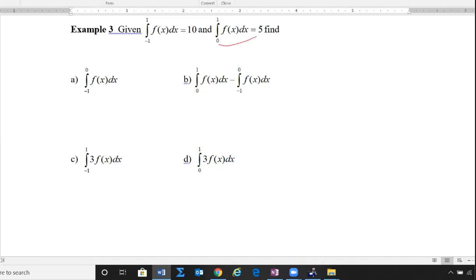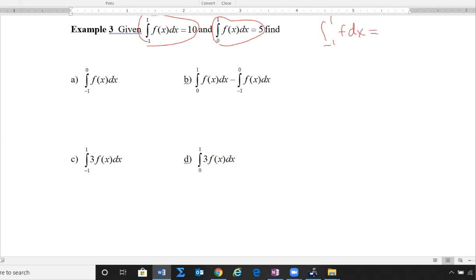Here's one that I can use, and I can use this one. Now this integral from -1 to 1 of f dx can be the integral from -1 to 0 of f dx plus the integral from 0 to 1 of f dx. We can break it that way. And the reason I chose that is because of this right here.